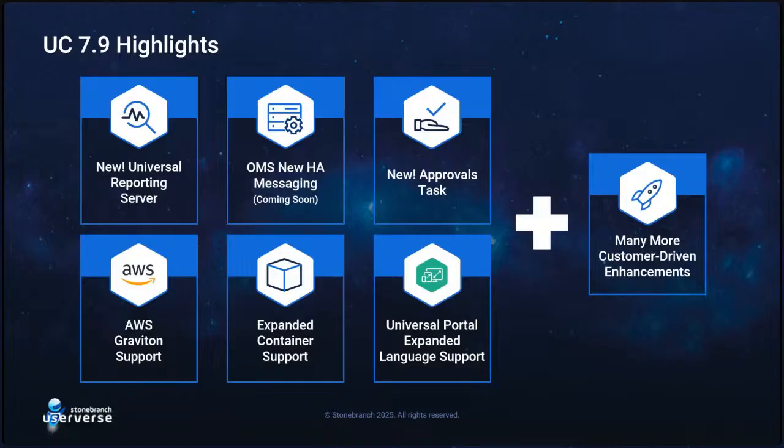We've now ported our agent technology to Graviton, and also our new approvals task that we'll be talking about a little bit later on. On top of that, we have dozens of small enhancements, the majority of those customer-driven, to satisfy the continually evolving IT landscapes of our customers. Let's hand this off to David Ainsworth to talk about the new Universal Reporting Server.